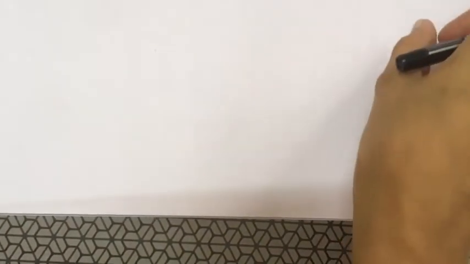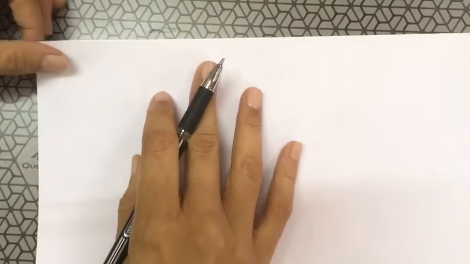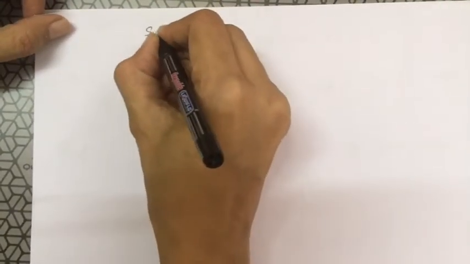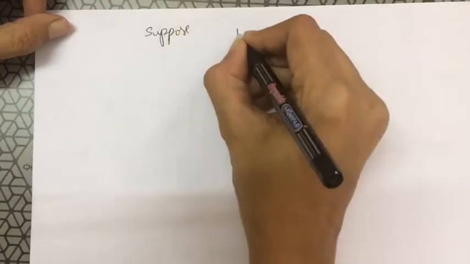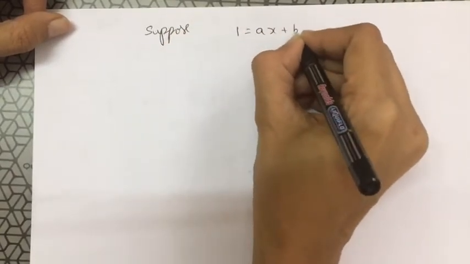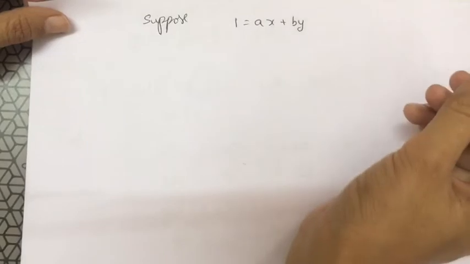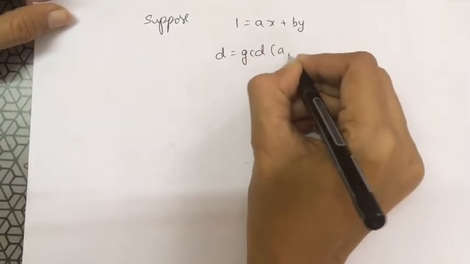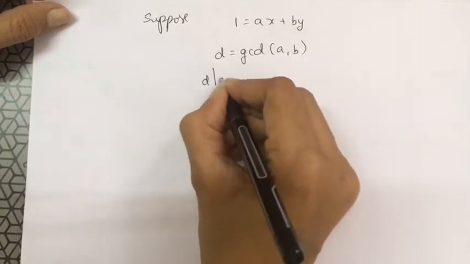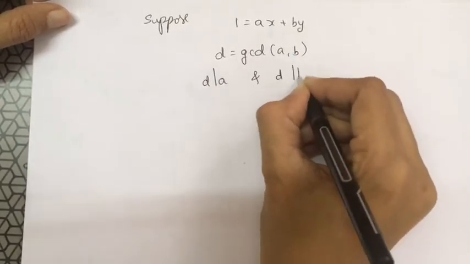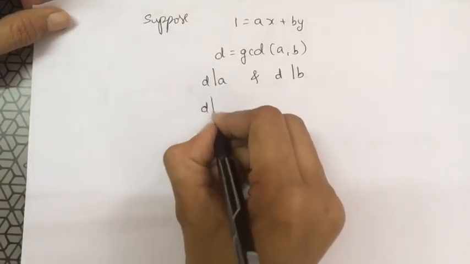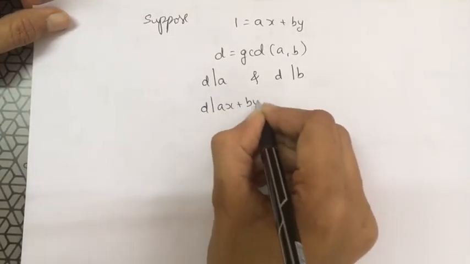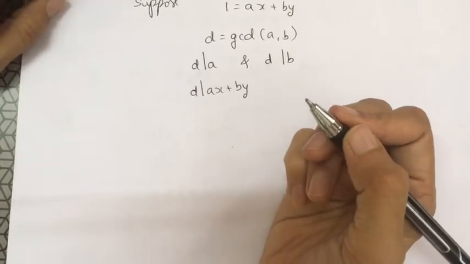So suppose, the converse part, 1 equal to AX plus BY for some choice of X and Y, and D is a GCD of A and B. Then it implies D divides A and D divides B, then D also divides AX plus BY for the integers X and Y.